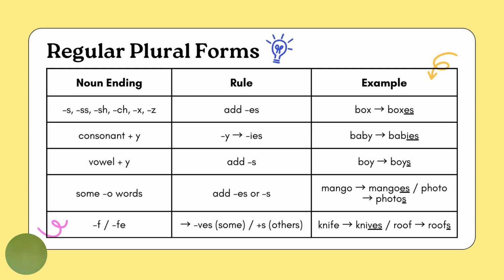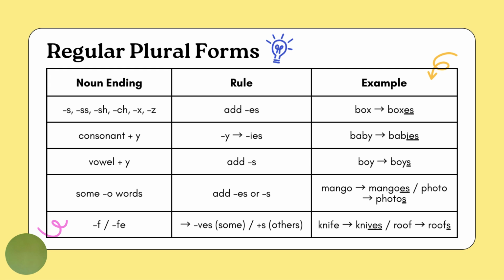So the next rule we can see here. Regular plural forms means the noun will be added by s or es. Okay, but then to decide whether the noun is added by s, you can see it here, or whether it is added by es, you can see it here.